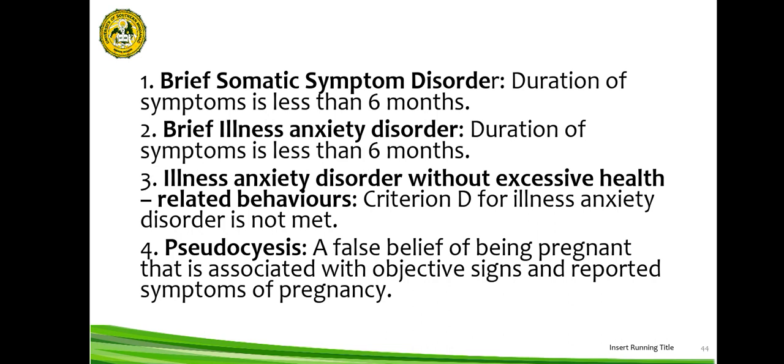Ang duration ng symptoms is less than 6 months pa rin. And ang illness anxiety disorder without excessive health-related behaviors, the criterion D for illness anxiety disorder is not met. And itong pseudocyesis naman is a false belief of being pregnant that is associated with objective signs and reported symptoms of pregnancy.